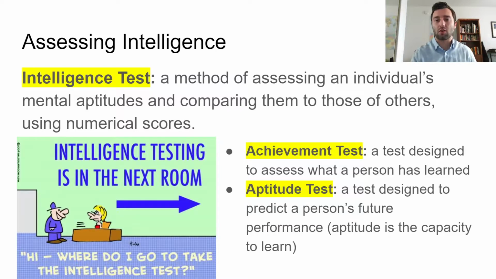Now we also have what are called aptitude tests. An aptitude test is designed to predict a person's future performance, their ability to do something, or their capacity to learn, if we're talking about intelligence tests in general. The best example probably of an aptitude test is the ACT. It's trying to predict your ability to perform in college.